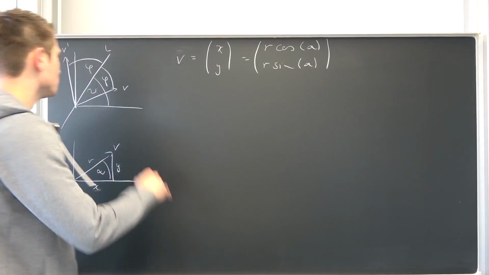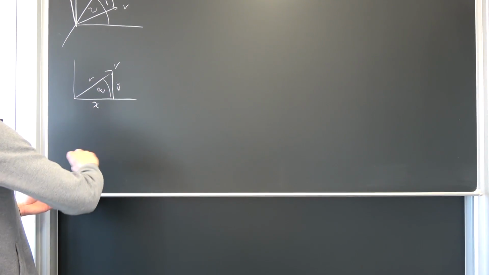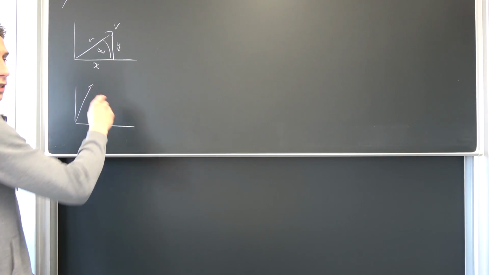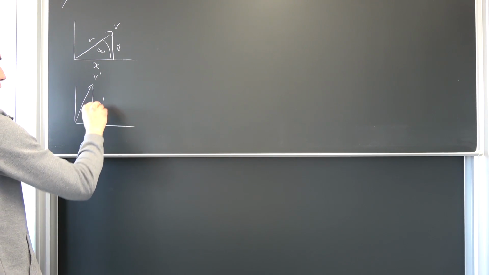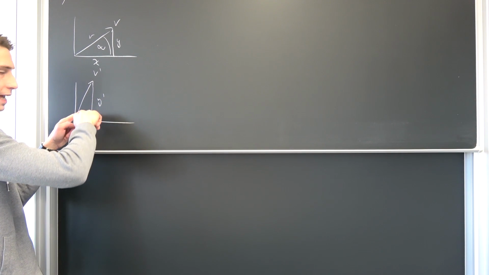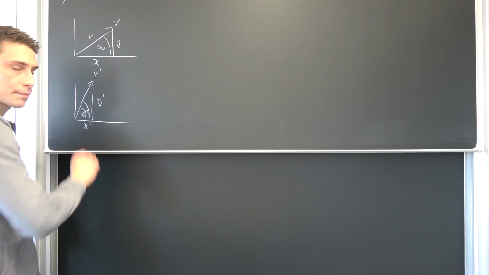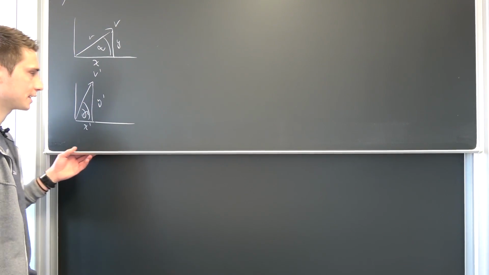Now we want to take a look at the new vector v prime that we are going to get. For example, our new vector v prime is going to be up here. It really doesn't quite matter. It consists of some y prime coordinate and some x prime coordinate. Also we have a big angle in between here, let's call it gamma, enclosed by the x-axis and the v prime vector.